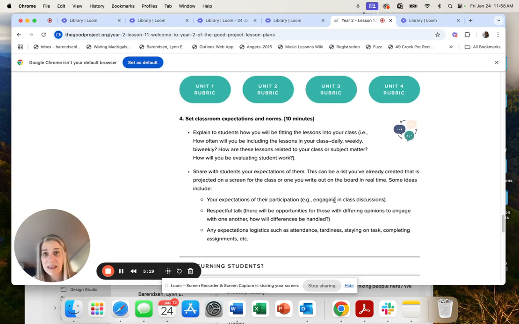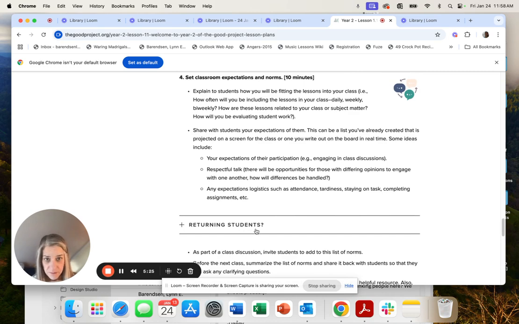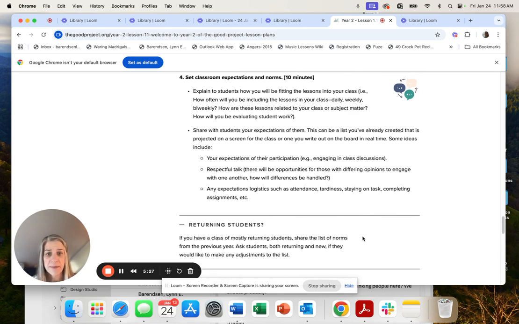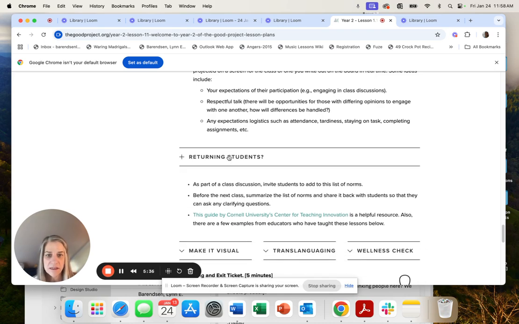If you have a group that you had last year, you can start with norms that you had last year. For others, you may want to start fresh. And here, if you have a class of mostly returning students, list the norms from the previous year, ask them if they'd like to make any adjustments.